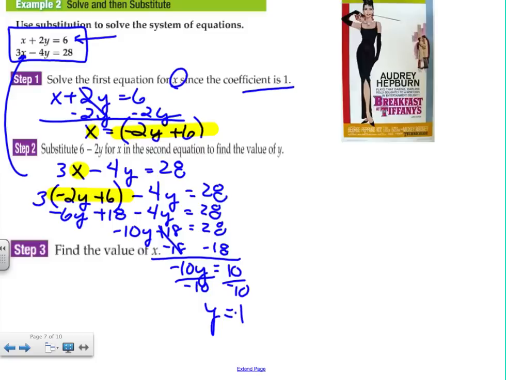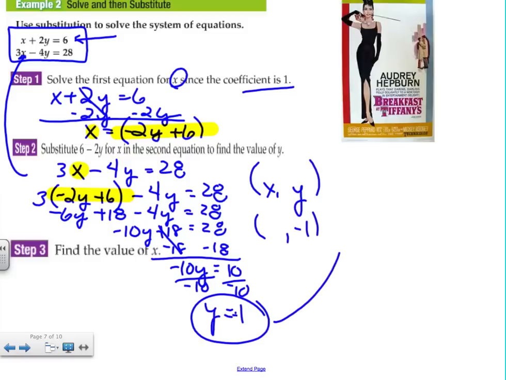Okay, so we know y is negative 1, right? So let's figure out what x is. And we'll take this negative 1 and substitute it into one of the two equations. So x plus 2y equals 6.